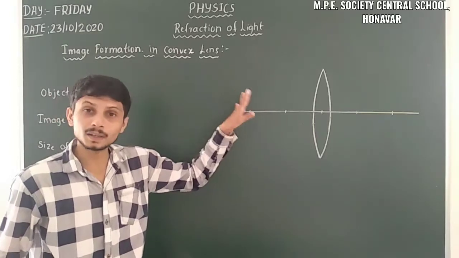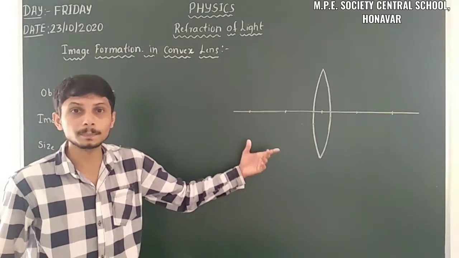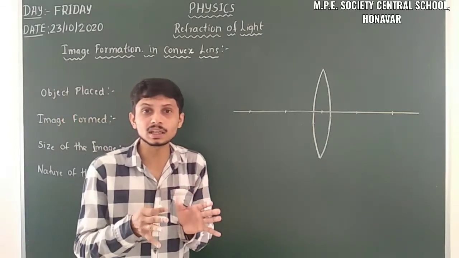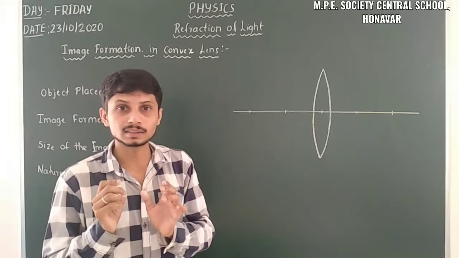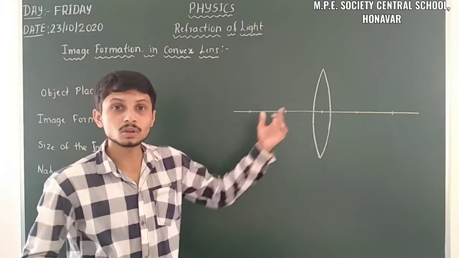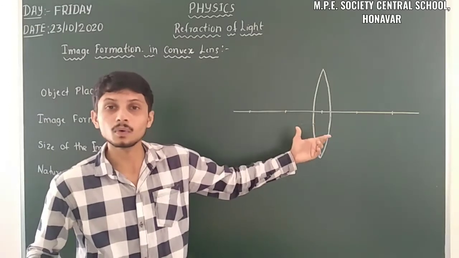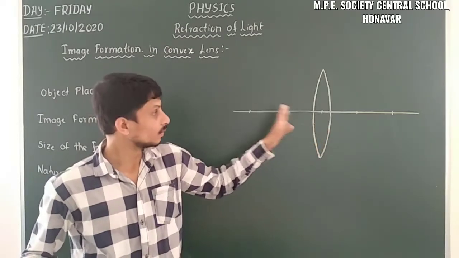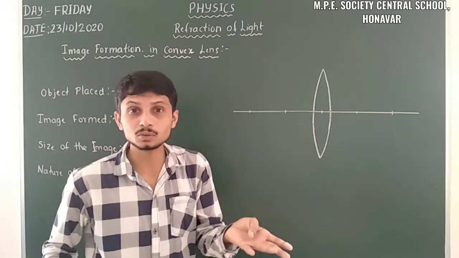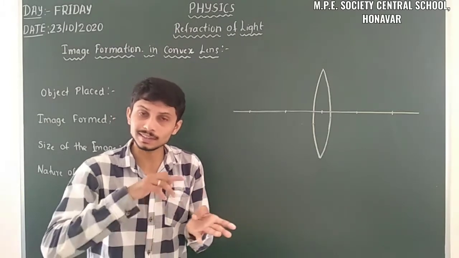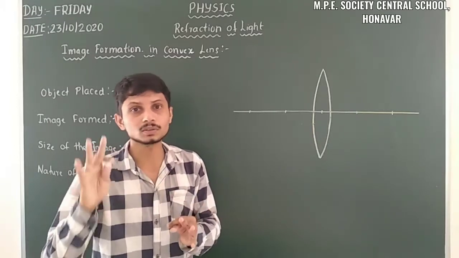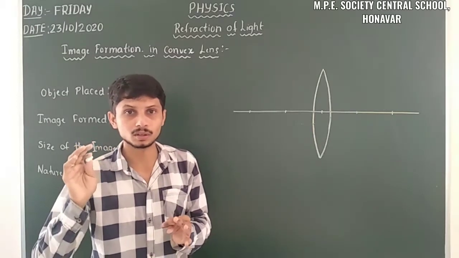Sometimes we have to extend the rays backward, and in that case we take it as a virtual image. It is the difference between actually and appears to be. When it is actually, we take it as a real image. When it appears to be, then we take it as virtual.